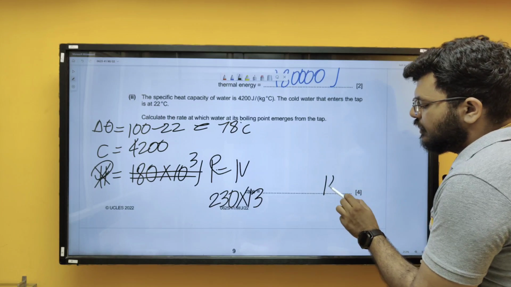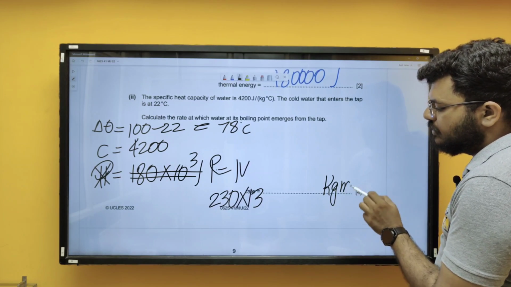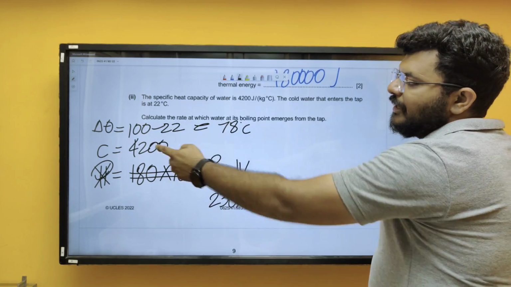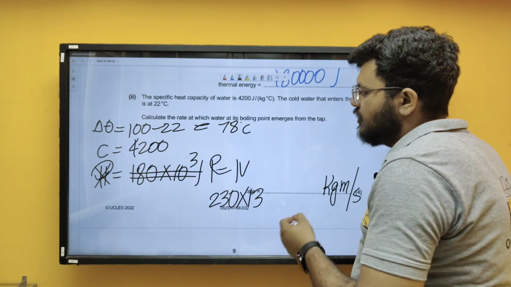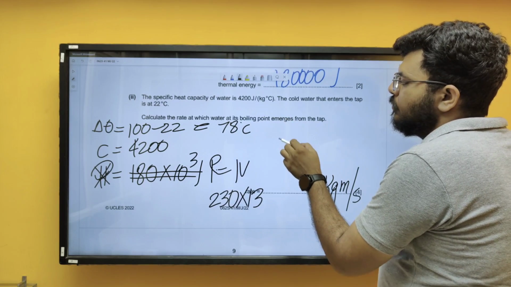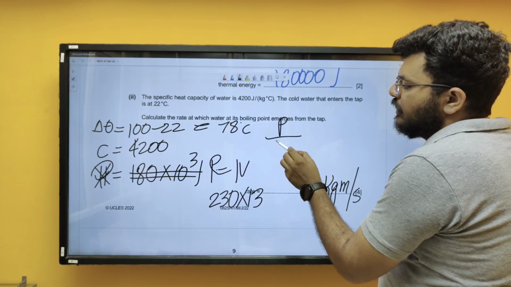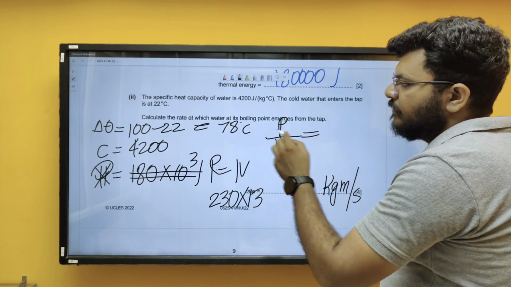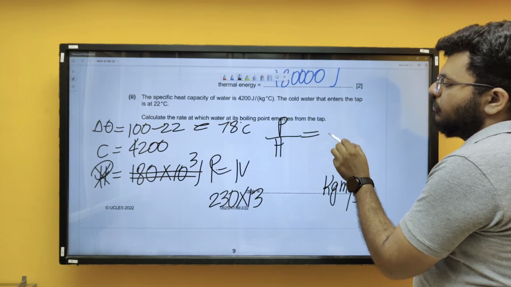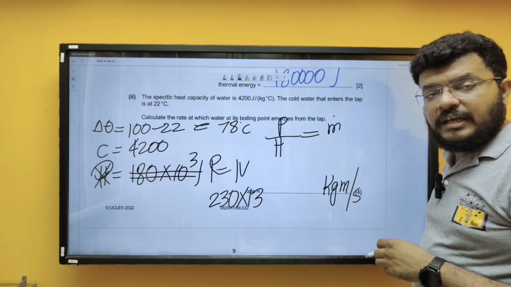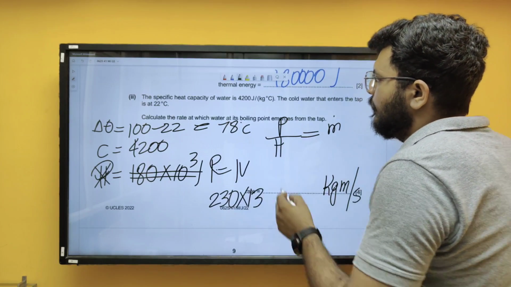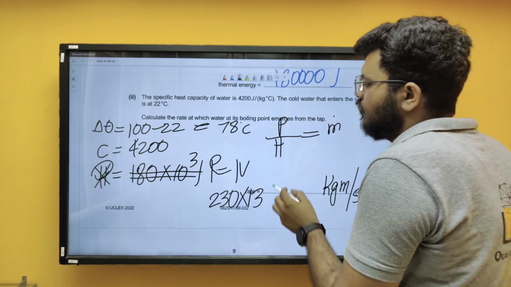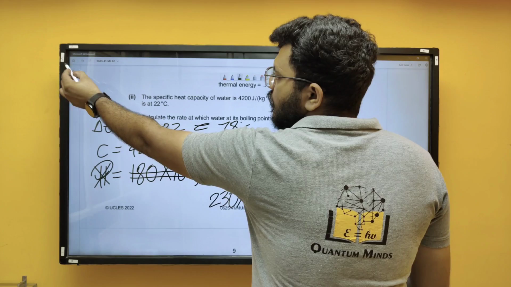Rate is measured in kilograms per second. Kilogram I can measure because mass I can measure. So if I find the power upon the heat capacity term, per second, that will give me the mass flow rate. So I'll write it as m dot, right? Just a second. Power is in seconds, right? Okay, yes, this is the correct deduction.